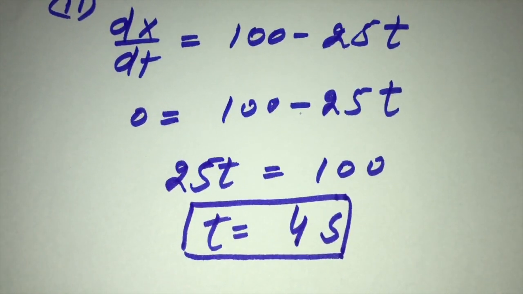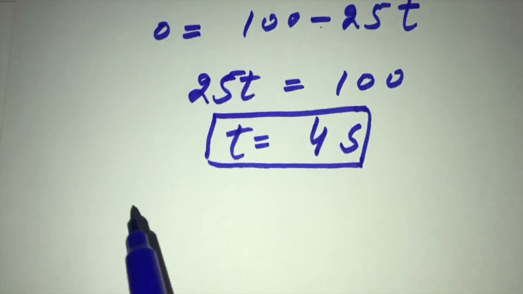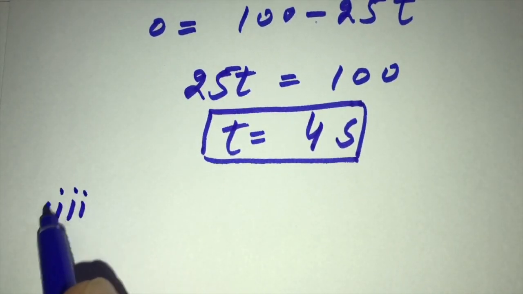Now the third part says that we have to find the maximum height reached. As we already found the time for the maximum height, we put this time in the distance equation or the function, which is our part 3.